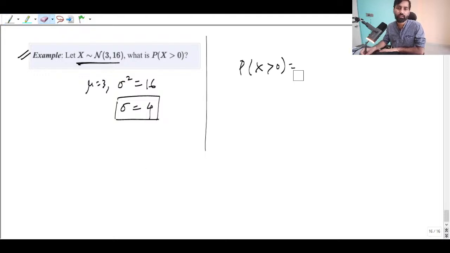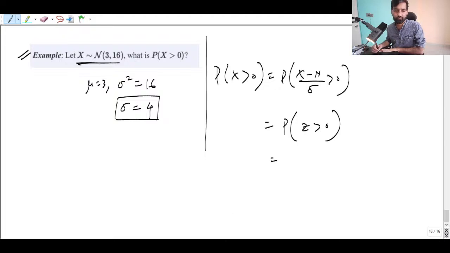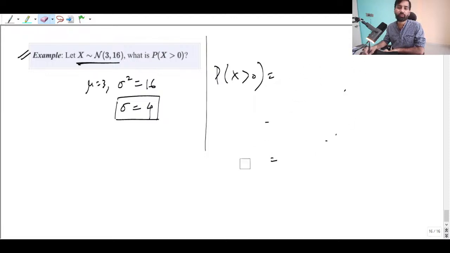So what you can do here is convert this x into the standard normal, which is x minus mu by sigma greater than 0, so this is the probability that Z is greater than 0. But make sure that whatever you are doing, you have to do on both sides.